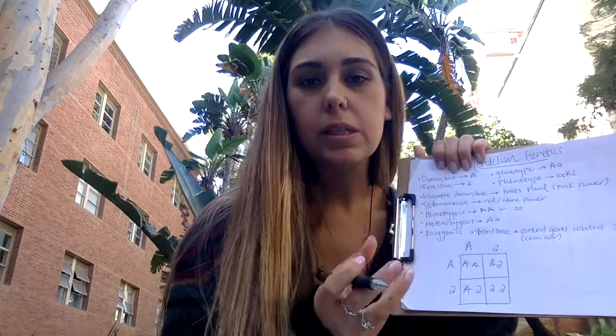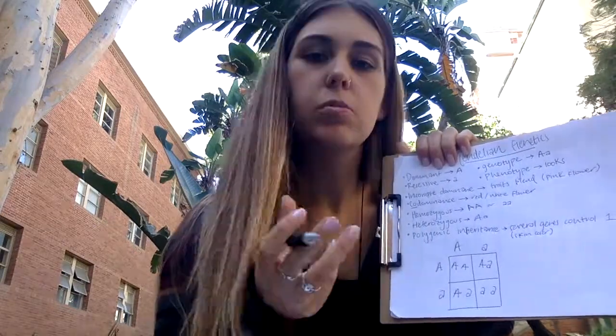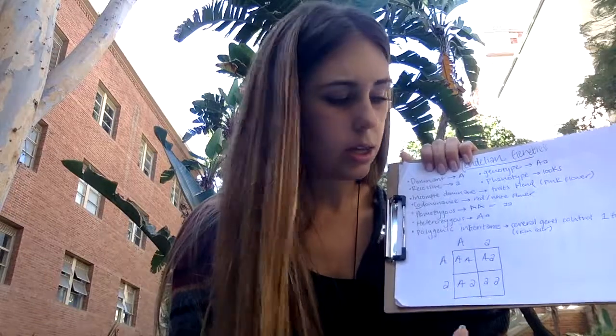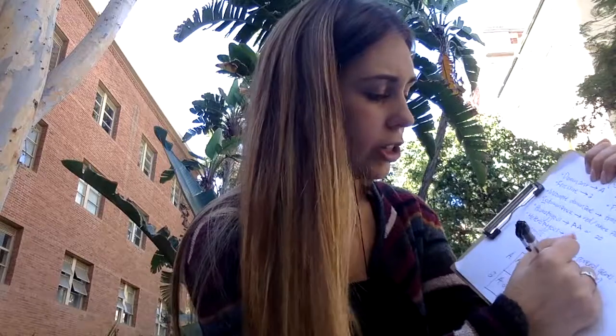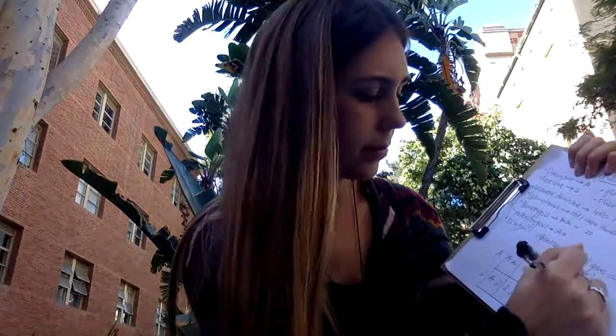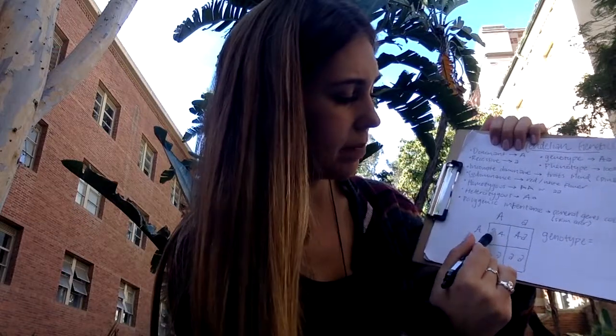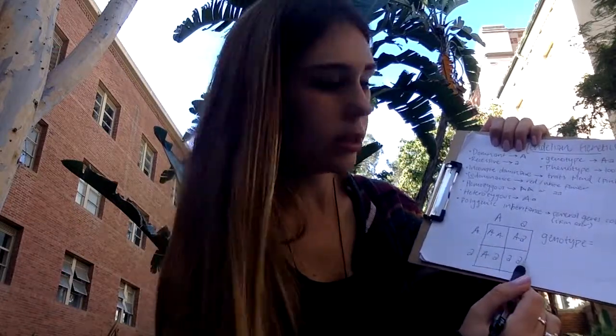So our genotype is basically sharing all the possible outcomes based off of their alleles. One of these would be an allele. This would be the gene. So our genotype, we have big A, little a, and little a, little a.